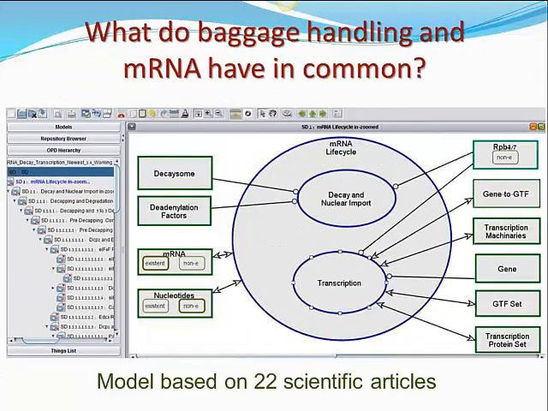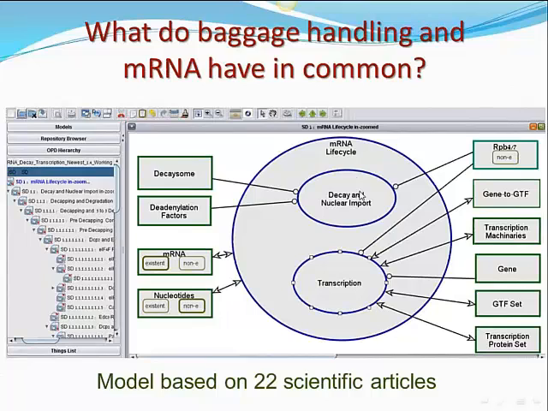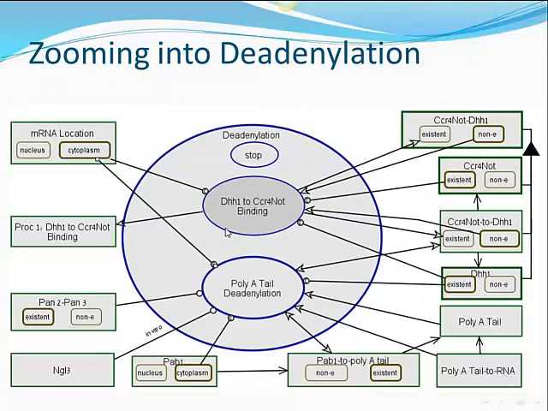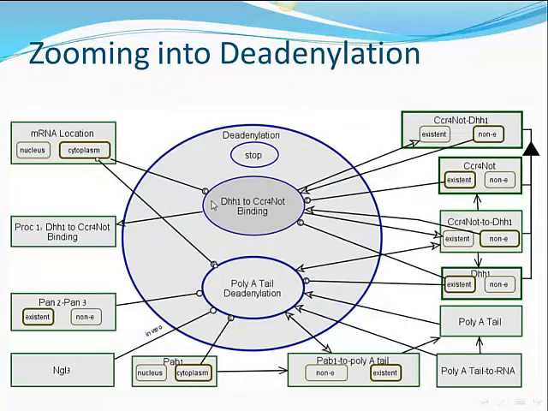This is another example from the decay, and the nucleus import, which is the first sub-process, is zoomed into, and you can see that now this is blue. So this is just one level down, but you can see how many more levels there are. This is another one, deadenylation, which is one of the sub-processes here, the third one.